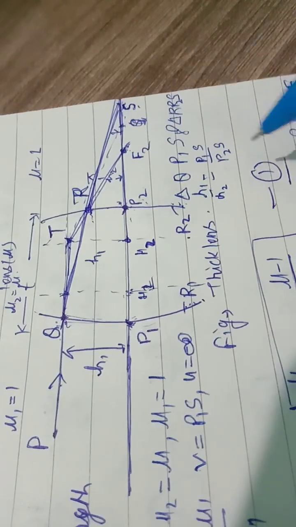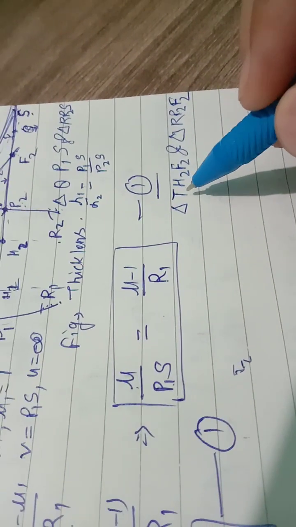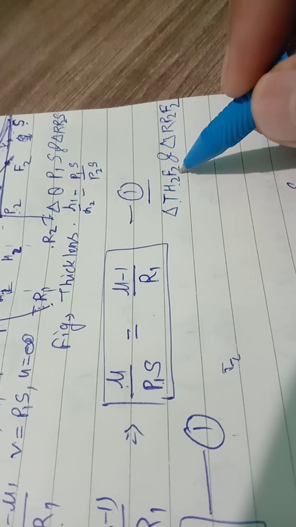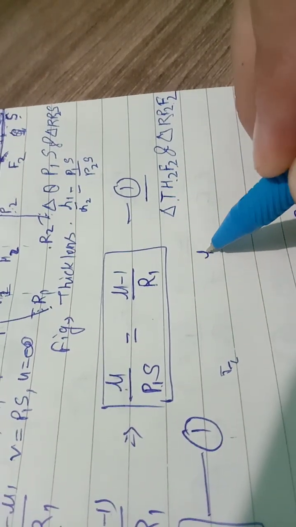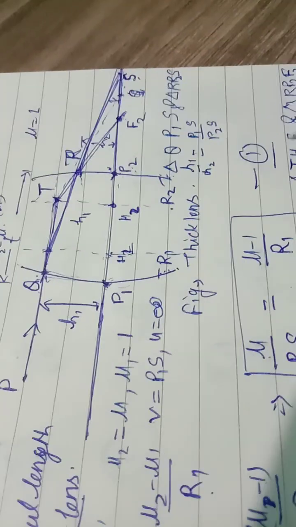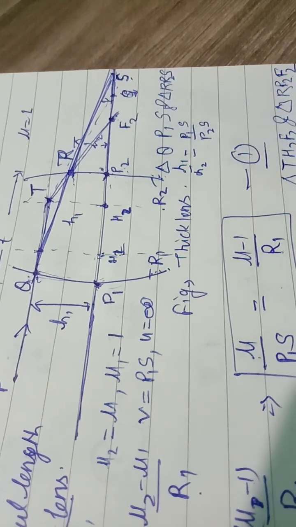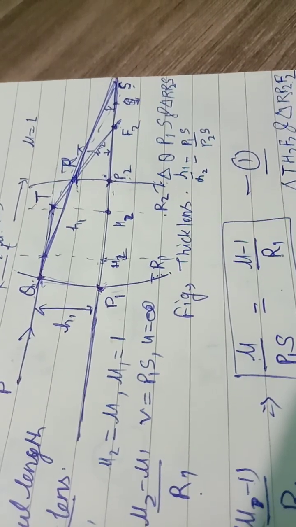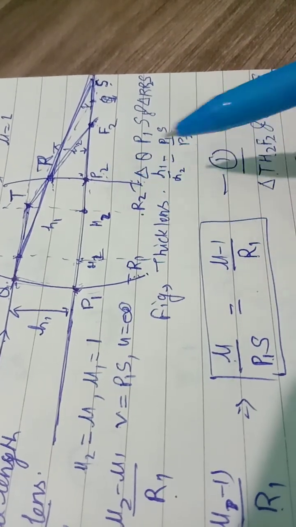Okay, so what happened in this triangle TS2F2 and triangle RP2F2? h1 by h2 equals h2F2 divided by P2F2.